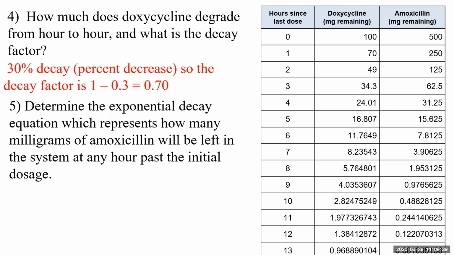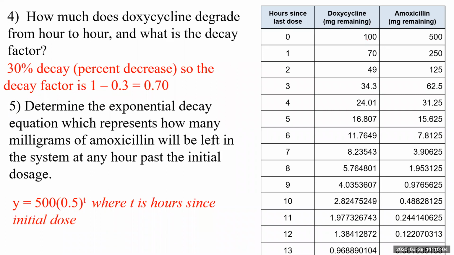So you can as well use the new over the old to find the decay factor, right? For amoxicillin, if you decided to use 250 divided by 500, that will give you 0.5. For doxycycline, 70 divided by 100 will give you what? 0.7. And that is very interesting.